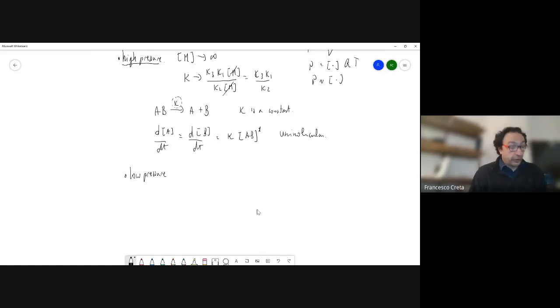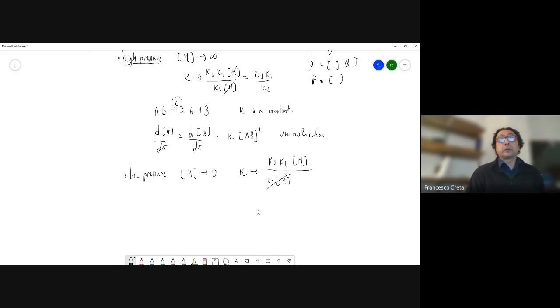At low pressure, okay, the concentration is very low, so it will tend to 0, okay? And so the global reaction rate will be K3, K1, M, and then in the denominator we're going to neglect this term.